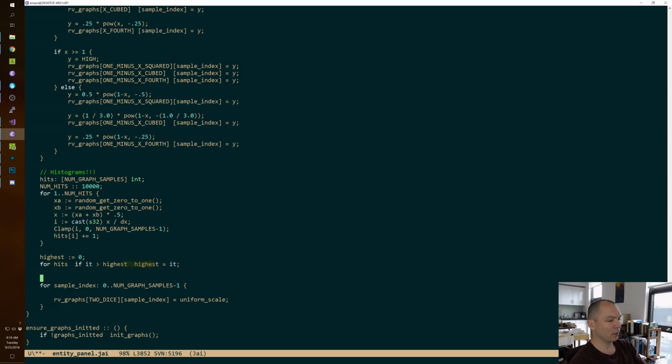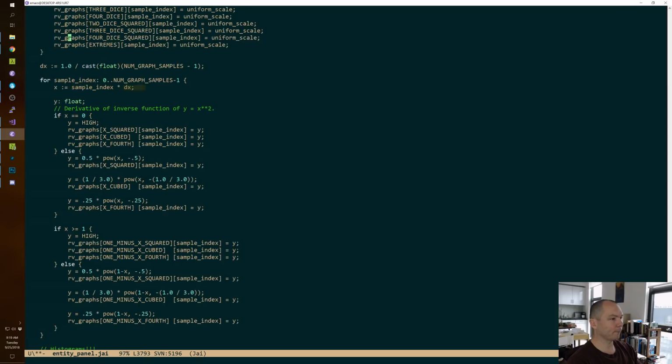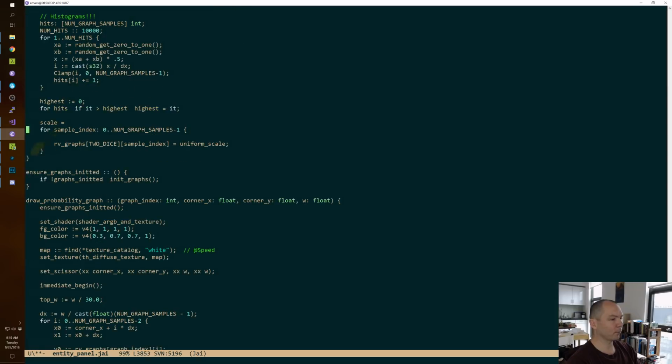And then we want to scale it. So we want to say scale equals, I don't know, 0.95, not quite 1, to give ourselves some room for that thick line. This is going to be a little bit of a fudge, but it's fine.